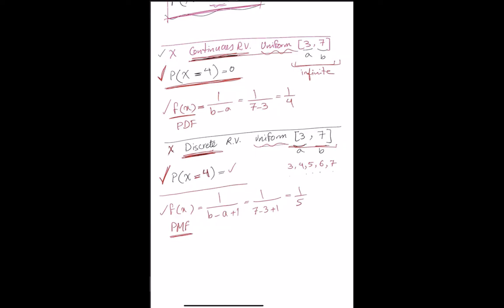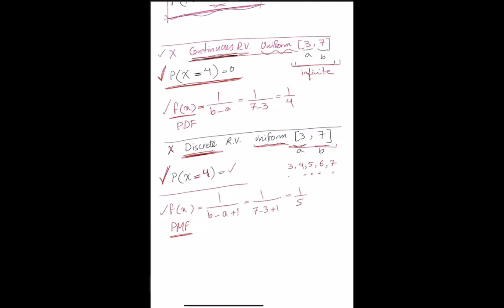For the uniform random variable, the definition is that all the possible values for x have the same probability, right? So all I have to do is find out what those possible values are and then give the same probability to each one of them. Between 3 to 7, what are those possible values?